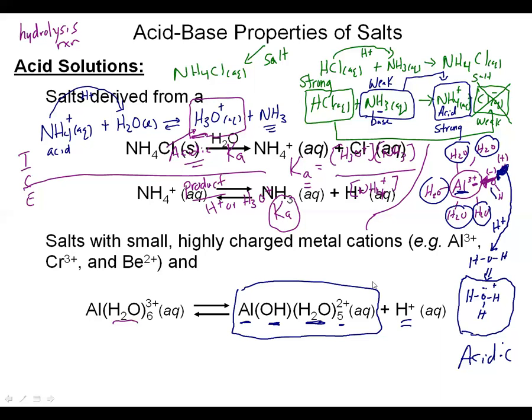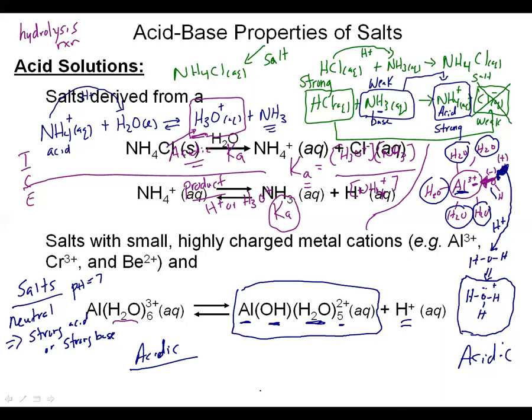So just to summarize here, salts can be neutral if that salt came from a strong acid and a strong base, which essentially means it will be a pH of 7. A salt could be acidic, like what we see here, if the salt came from a weak base, because then it will go on and produce H plus.